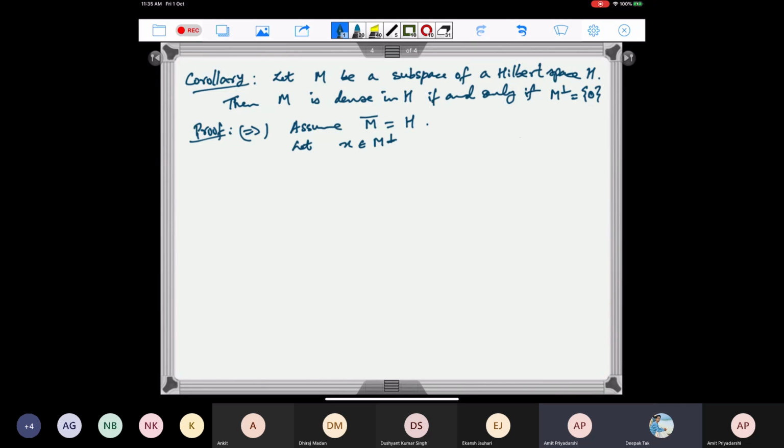So x is orthogonal to M. Because M closure is equal to H, there exists a sequence xn in M such that xn converges to x.